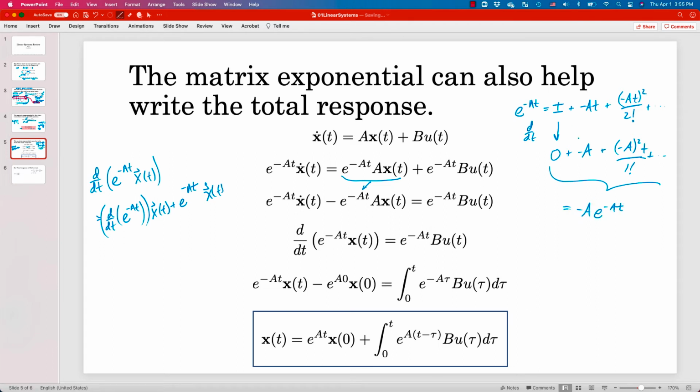Right? So that matches with that, in whatever direction you want to think about it. One of the reasons we call it a matrix exponential is because it obeys the same derivative rules that the scalar exponential does. So this allows us on the left-hand side to say this is minus A e to the minus At times x of t plus e to the minus At x dot.